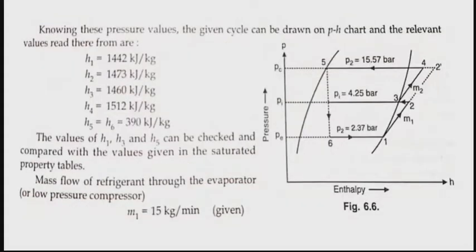Now we draw a pH chart for this refrigerant. It is a pressure enthalpy chart, in which the given pressures are the evaporator pressure, the intermediate pressure, and the condenser pressure, and we are going to draw the pH diagram.